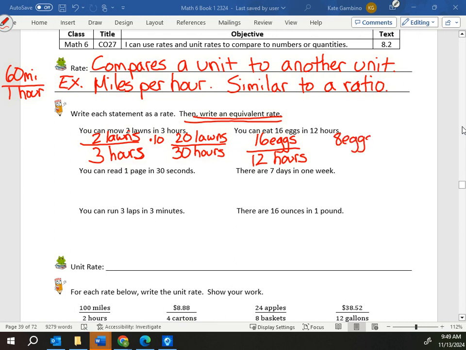8 eggs in 6 hours. What did Bridget do here? Did she multiply up? No, she divided down. And you can do that. You can multiply up, you can divide down. She divided by 2. We could have also multiplied by 2 and said 32 eggs in 24 hours.